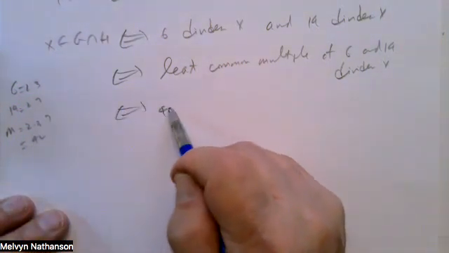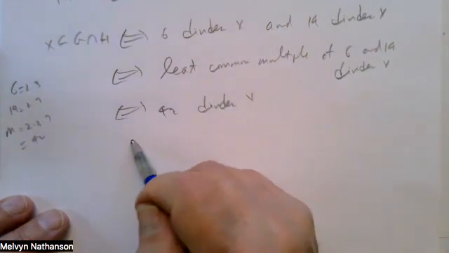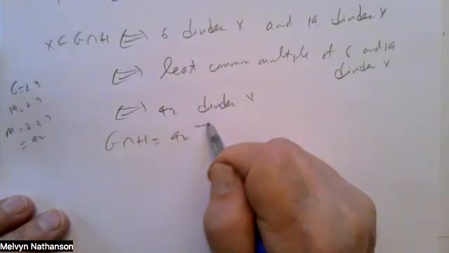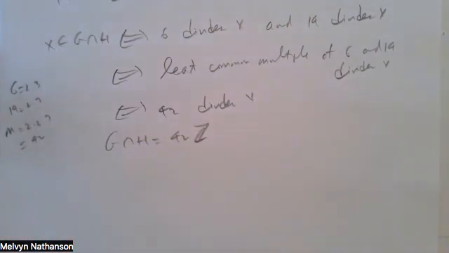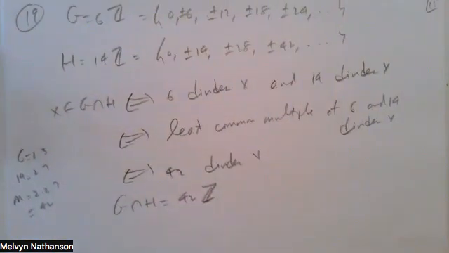So if and only if 42 divides x, so G intersect H is the set of all multiples of 42. Right? Something divisible by 6 and 14 is divisible by 42. If something's divisible by 42, it's divisible by 6 and 14.